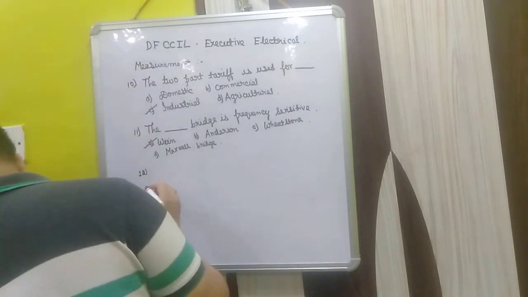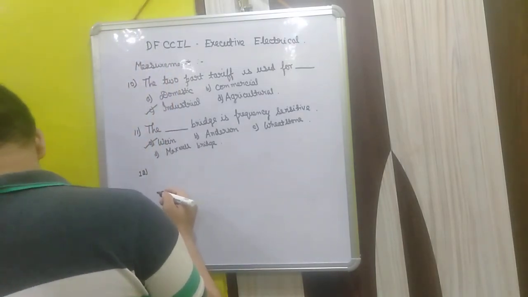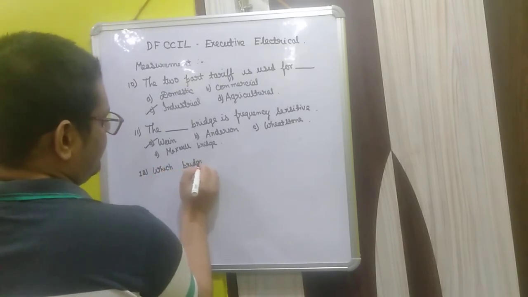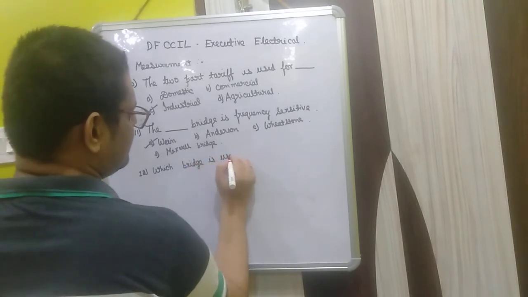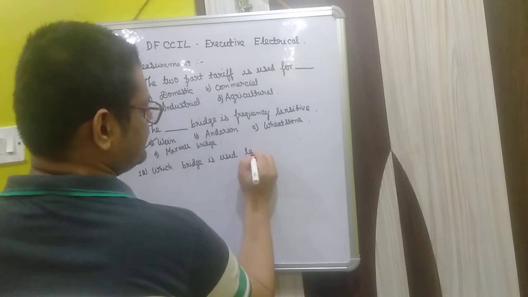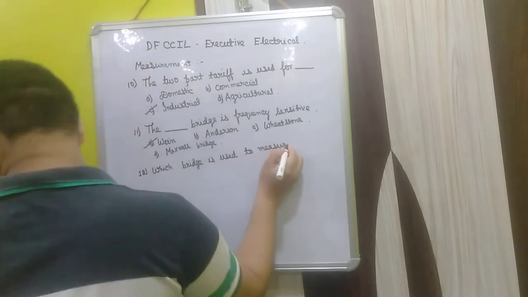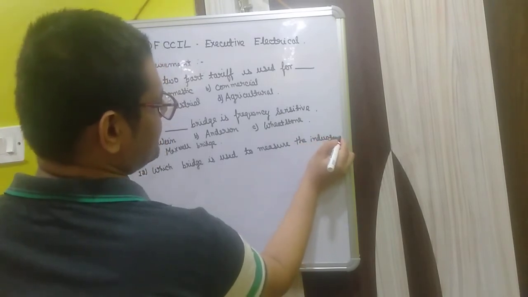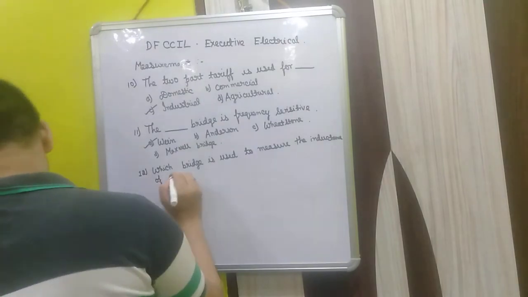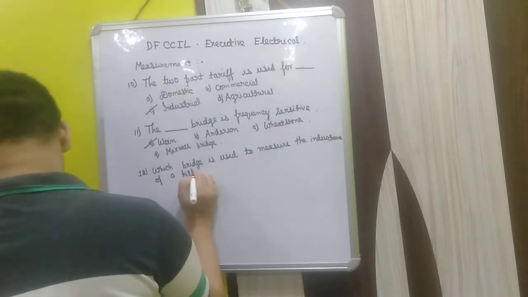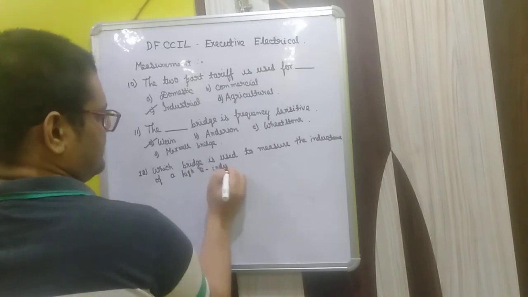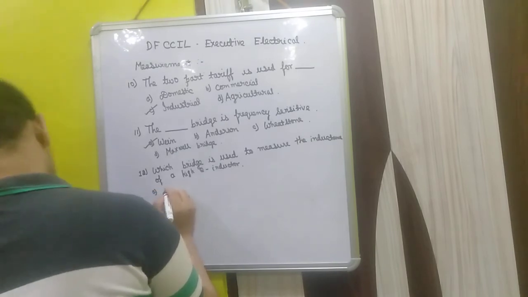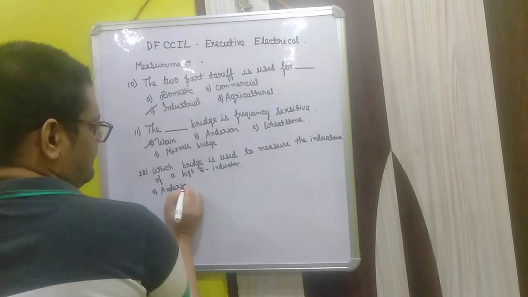So we go to the last question, that is which bridge is used to measure the inductance of a high Q or quality inductor. There are four options given. Option A is Anderson Bridge.